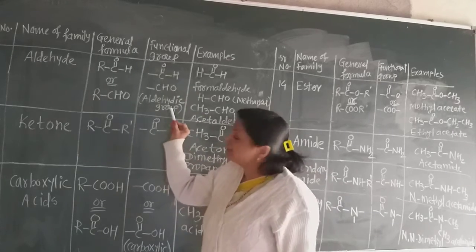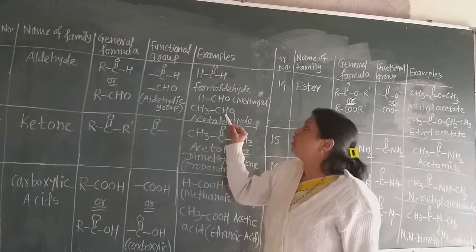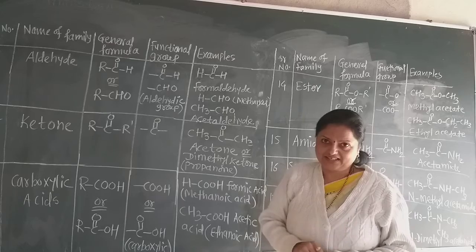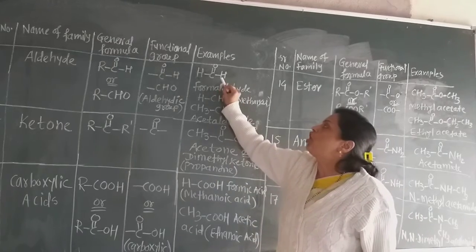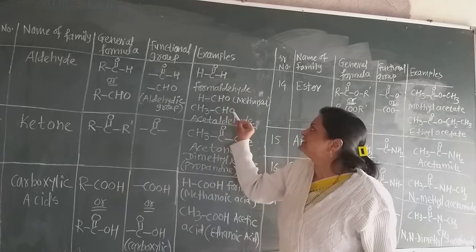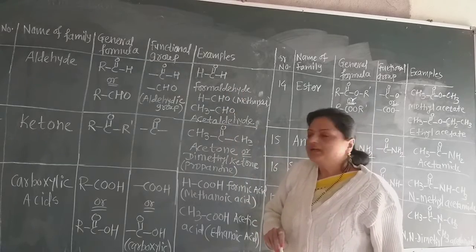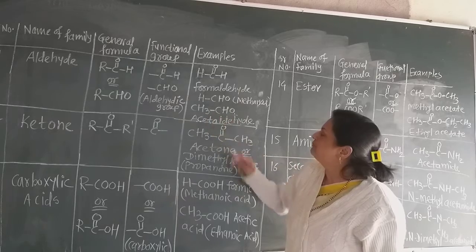Now this aldehyde group is always at the end of the molecule. This is not in the middle. Why is this not in the middle of the molecule? Because one of the valencies of this carbon is compulsorily hydrogen. Now I show here the second example, acetaldehyde.